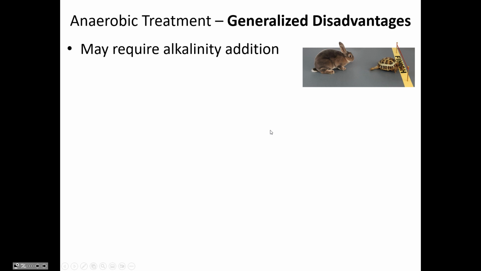Besides those challenges of operation and so on, other challenges of anaerobic treatment are that anaerobic treatment's really slow, and so the reactors have to be pretty large, and because of the formation of a lot of acid, it may require the addition of alkalinity, because if all of the alkalinity that's in the water is consumed, then the pH could get so low that the chemical process is stalled or slowed down.